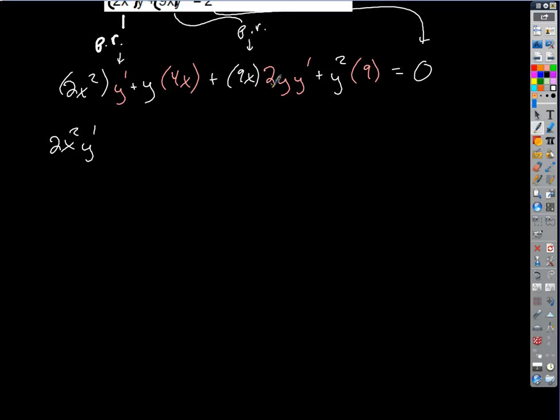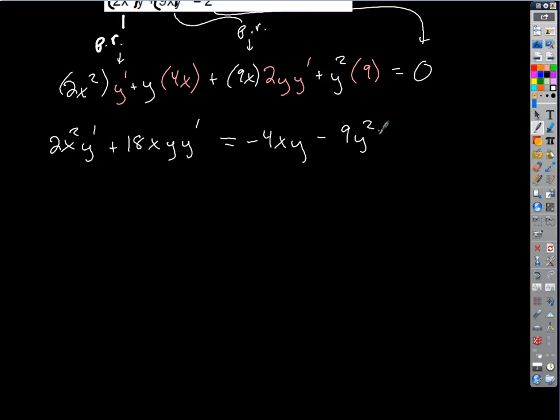I'm going to get what? 18x y prime. And then we'll push all the other terms to the other side, all the non-y prime terms. So I'm going to get a minus 4xy from this term, and then a minus 9y squared from that one.